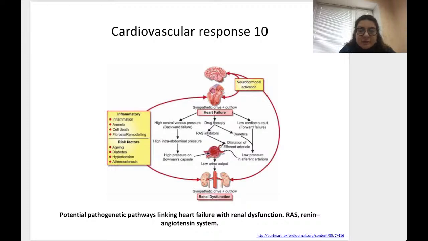You see that from the heart it goes to the brain through the neurohormonal activation. It is connected with vessels, connected with kidneys, and one more time you see all this effect in this scheme.